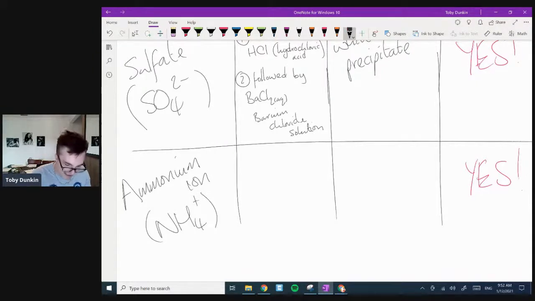And so what we do in step 1 is add sodium hydroxide solution, dilute NaOH solution, aqueous. Step 2 is warm.